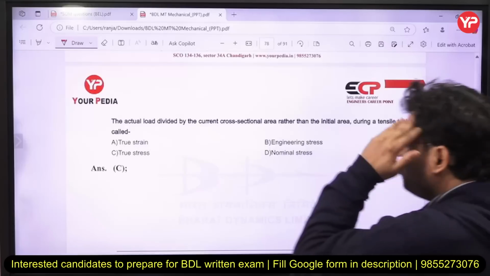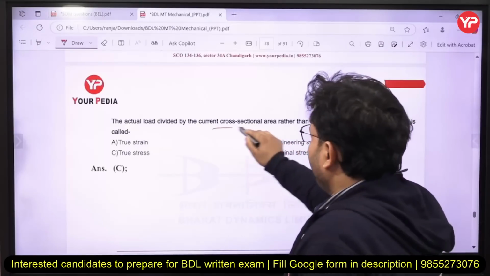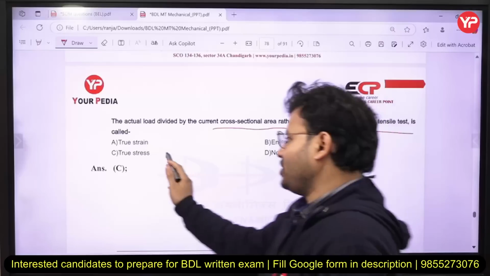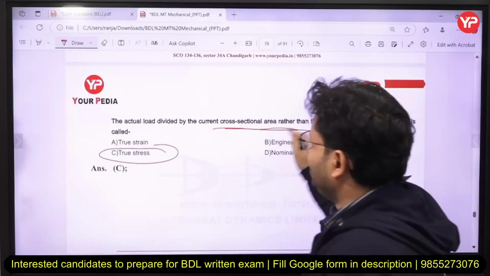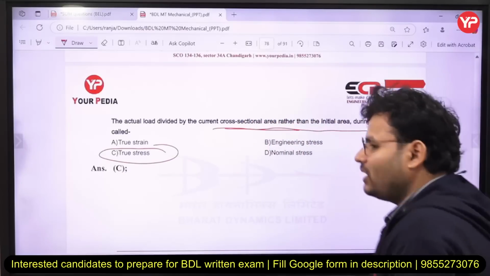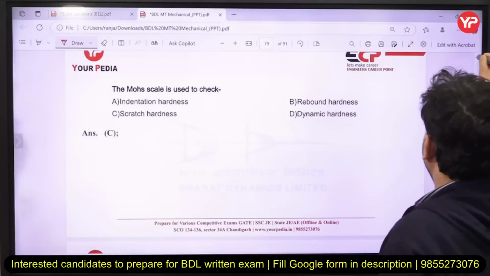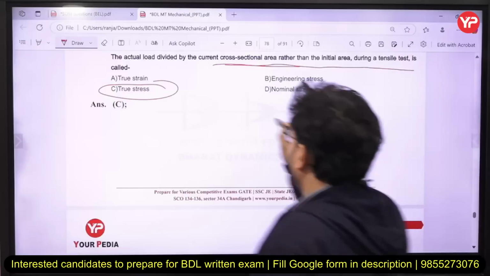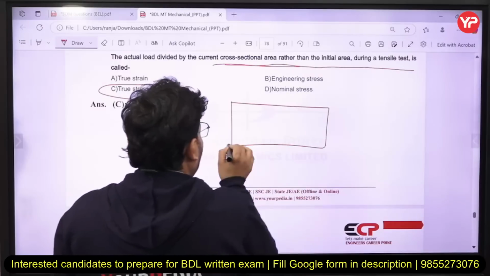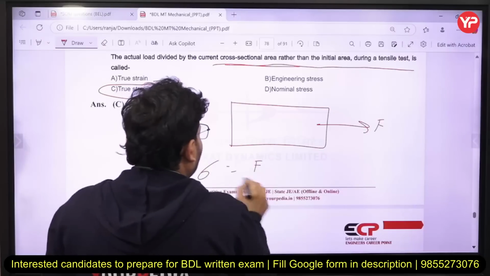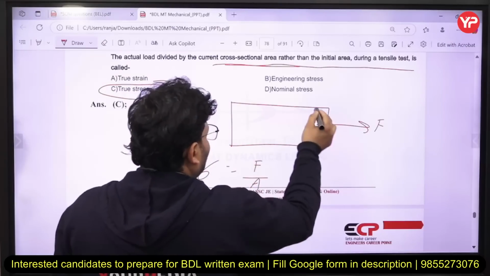The actual load divided by the current cross-sectional area rather than the initial one is known as true stress. You know what is true stress? Let's see. Suppose that is the cross-sectional area you are going to apply. So you can say force upon area, area is pi by 4 d square, that diameter.